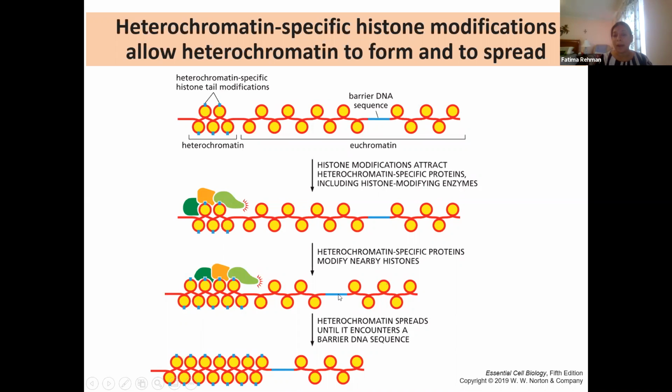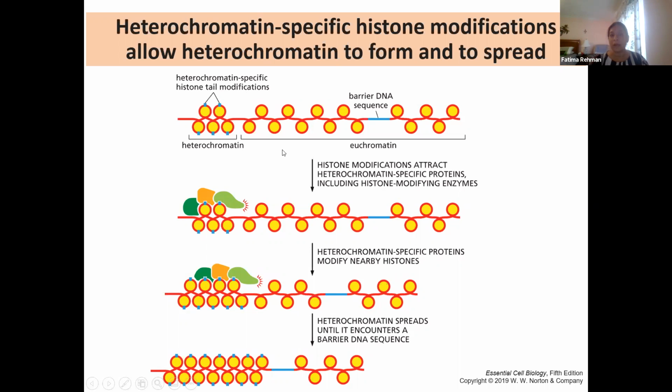So what the barrier sequence in this case is doing is telling this complex, the histone modification complex, the heterochromatin-specific proteins, to stop making more heterochromatin, to stop compacting the DNA. Because here, there is no nucleosome that it can bind to, that it can jump to continue that modification. You see how you have this entire region of euchromatin, and you have in there this barrier DNA sequence.